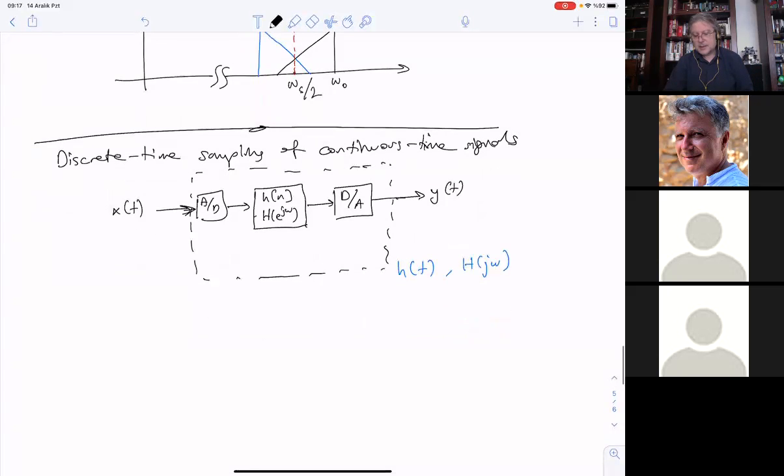Now, there are some limits of this thing, just like the Nyquist limit of x of t that we have, which is band limited. The corresponding effective h of t must also be band limited, or eventually, since x of t is band limited, the effective range of h of t will also be band limited.